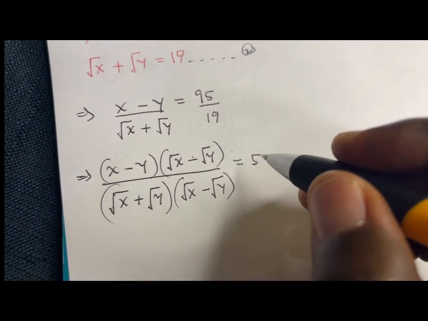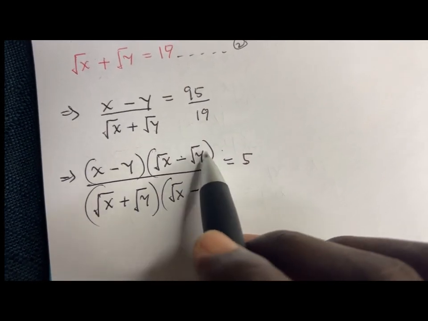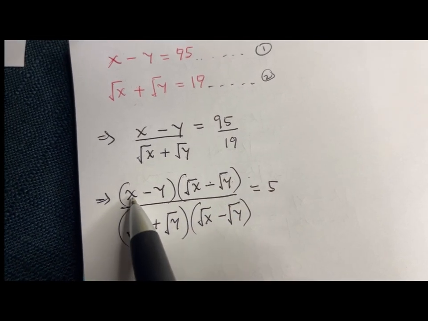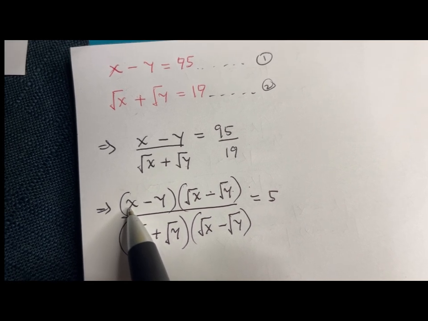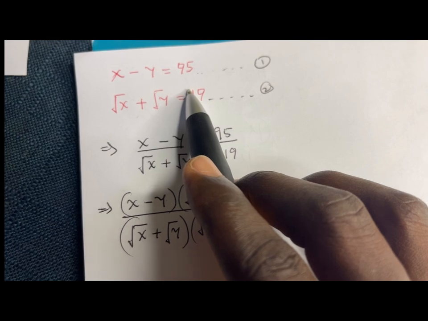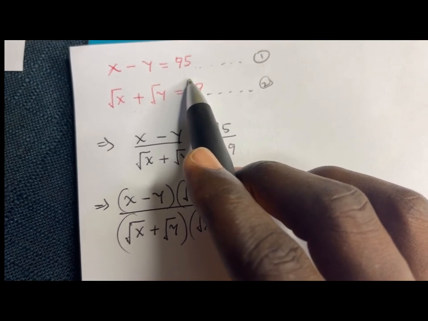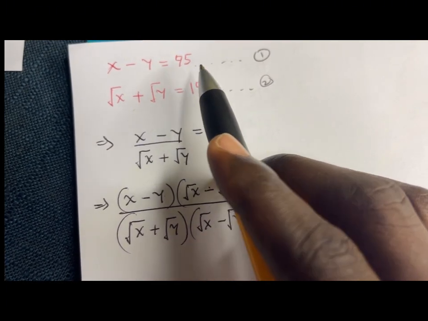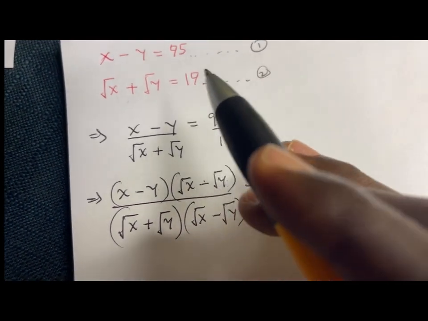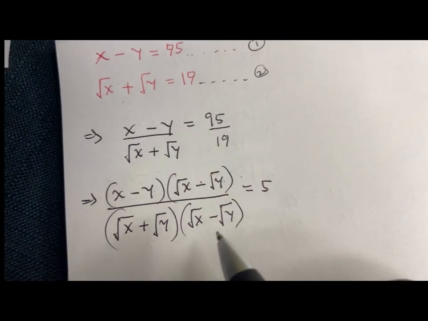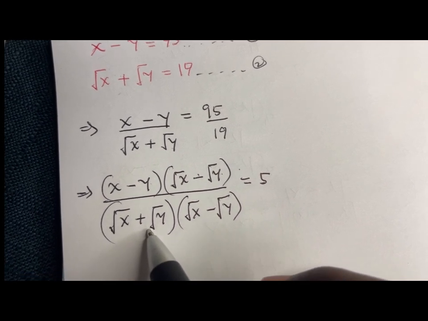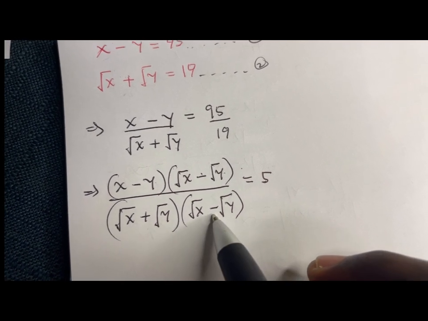Remember earlier on that x minus y has a value of 95, so we may decide to hold on to that first. We simplify the downside. When you simplify this, you get a difference of two squares.